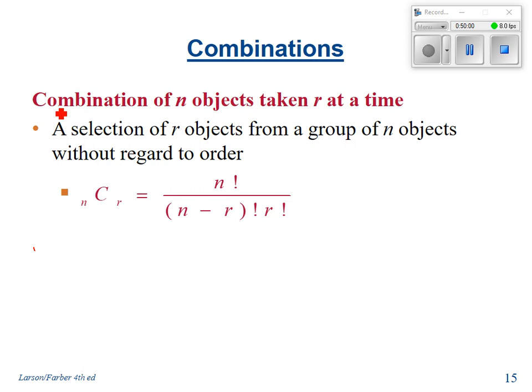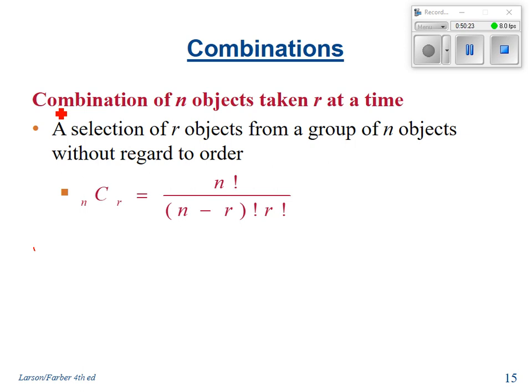When you're doing a combination, I like to think of something like a committee. If I'm picking people for a committee, does it matter which order I pick them in?